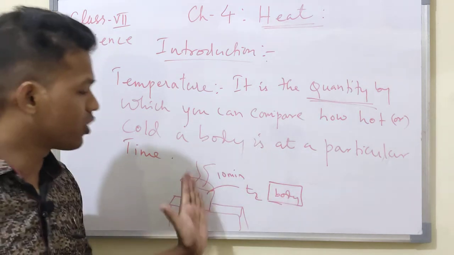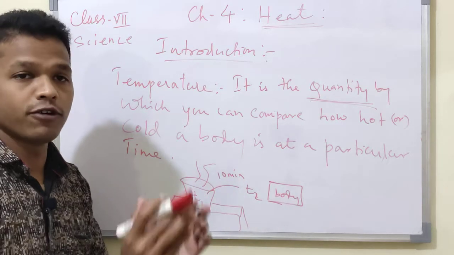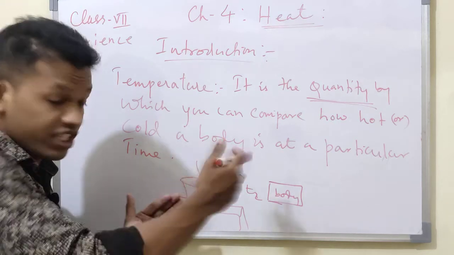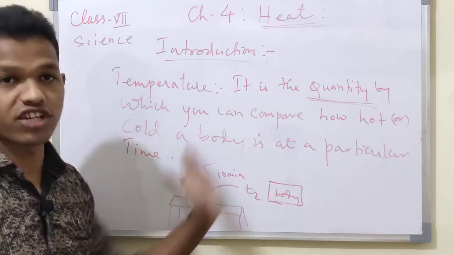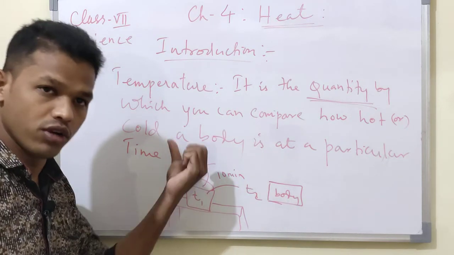Why is this happening? Because there is a temperature difference. Outside temperature is lower compared to the cup temperature, so the cup temperature will be higher. Due to this difference, the heat will always transfer to the outside and the cup temperature will decrease.